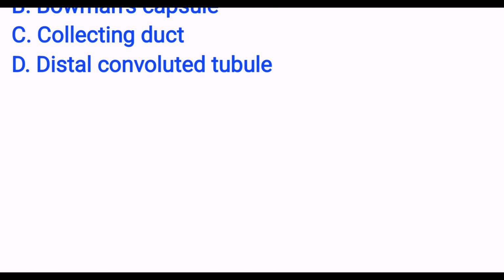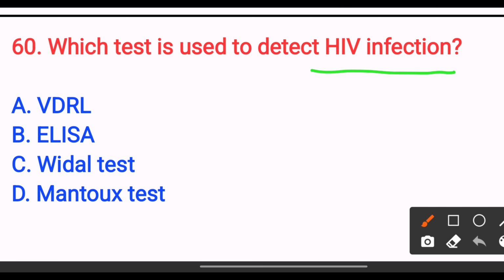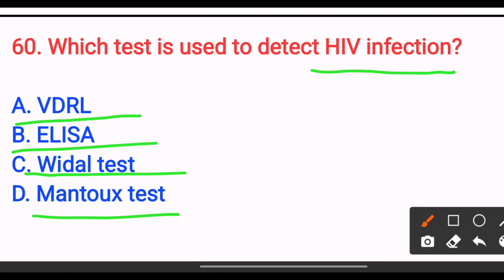Next, which test is used to detect the HIV infection? Option A, VDRL. Option B, ELISA. Option C, Widal test. Option D, Mantoux test. The answer is option B, ELISA, because ELISA detects the HIV antibodies.